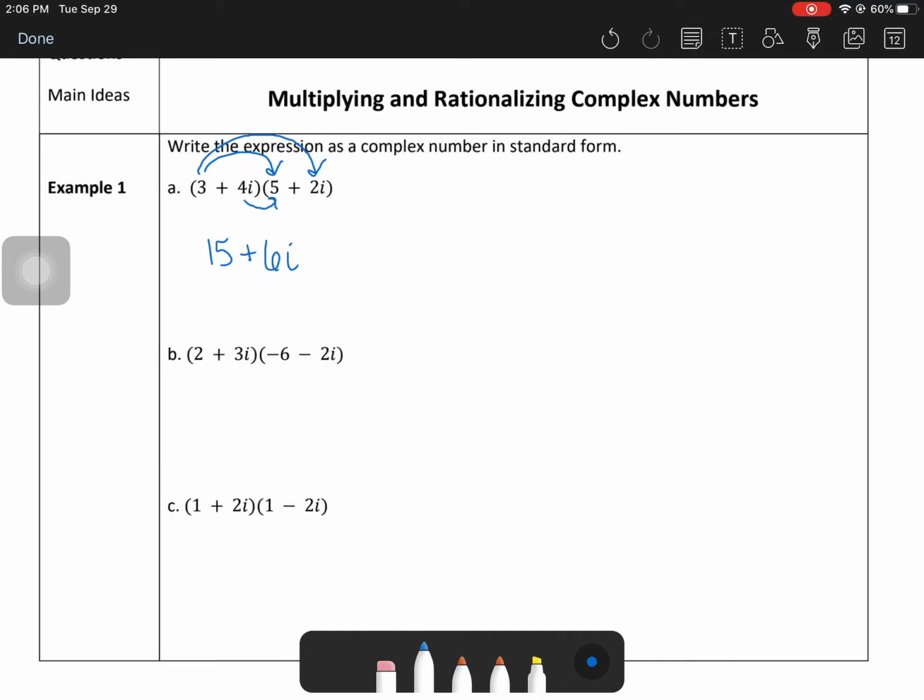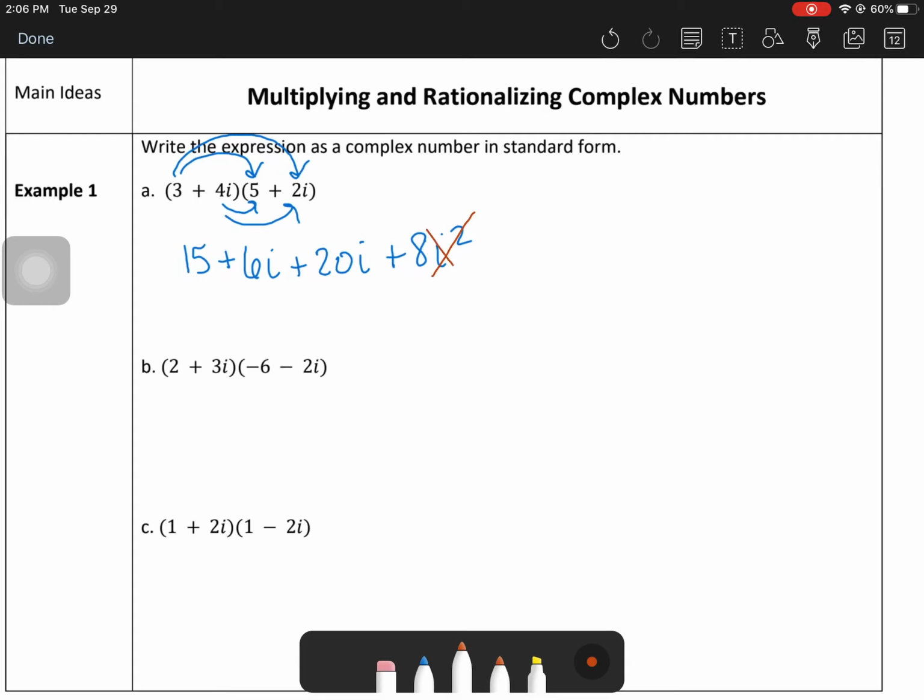Inside times inside would be 20i. And last times last would be 8i squared. To simplify, remember that i squared is negative 1. So we have 8 times negative 1 is negative 8, plus 15 would be 7. And then a 6i and a 20i would be 26i.